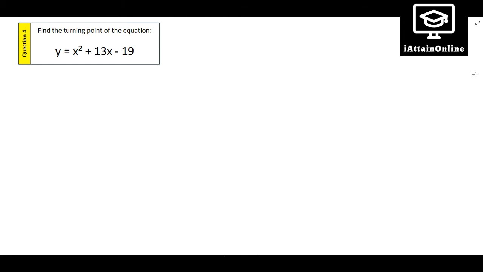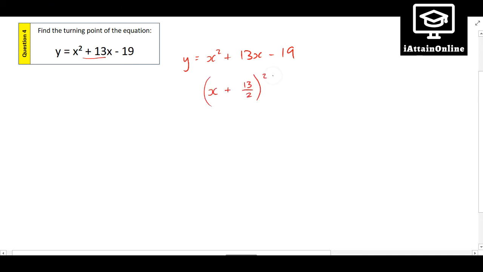This is similar to question 2, apart from it's a bit nasty because it's got an odd number in front of the x. So I'm going to write y equals x squared plus 13x minus 19. Remember, we need to half that 13. I would leave it as a fraction rather than converting it to a decimal.